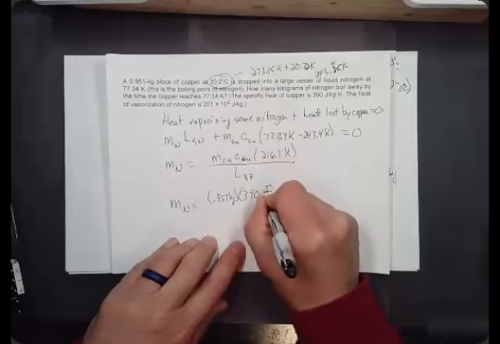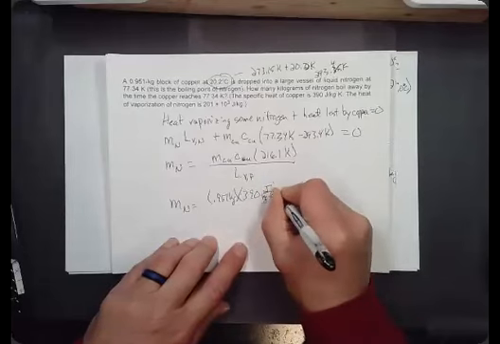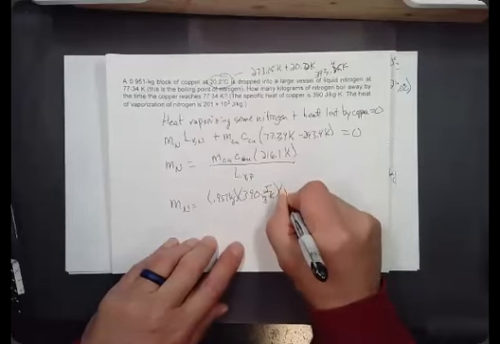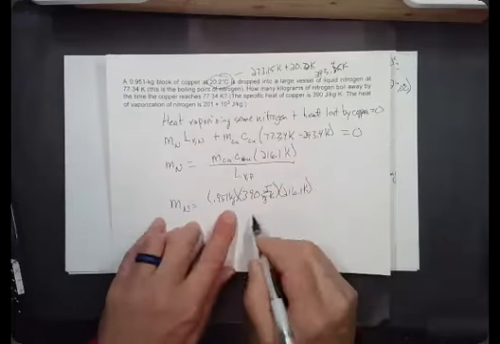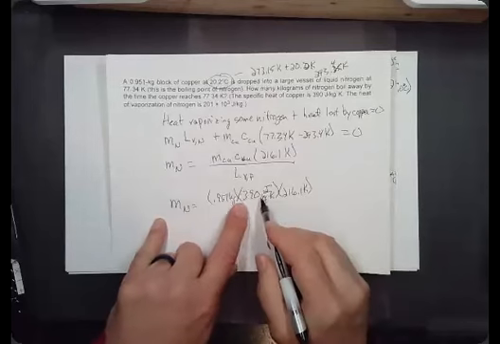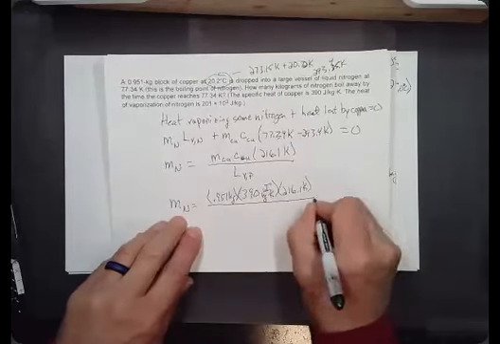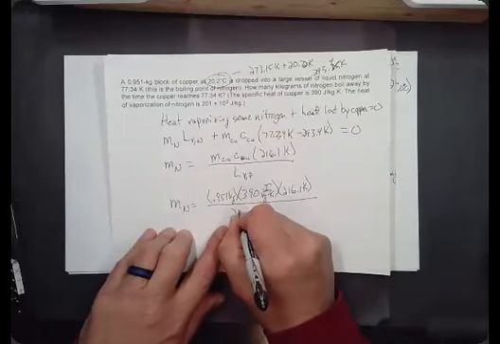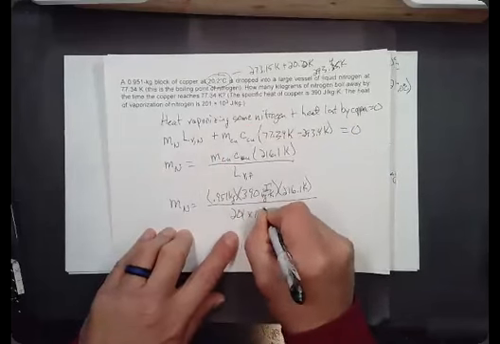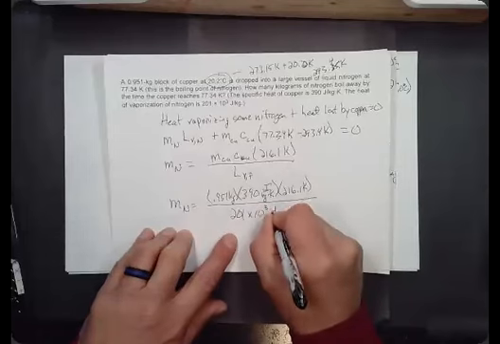Joules per kilogram Kelvin. And then 216.1 Kelvin, but we'll be down to 2 sig figs when we're done. And then the heat of vaporization of nitrogen is 201 times 10 to the third joules per kilogram.